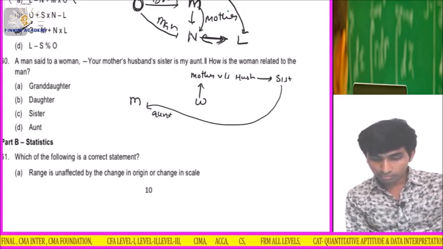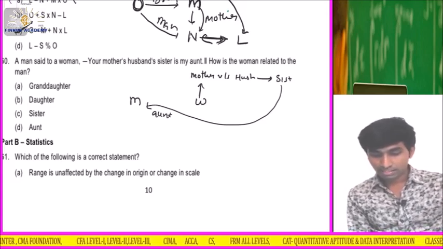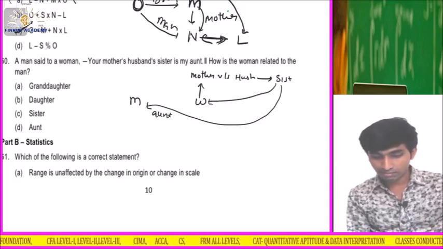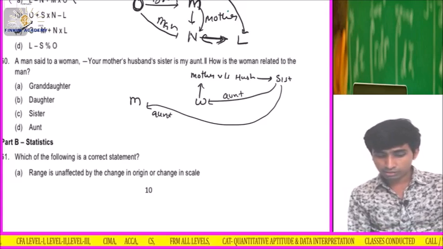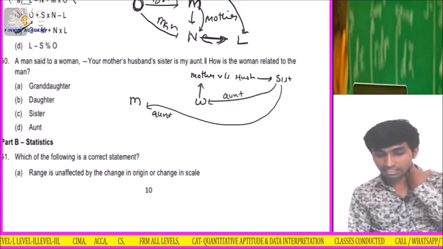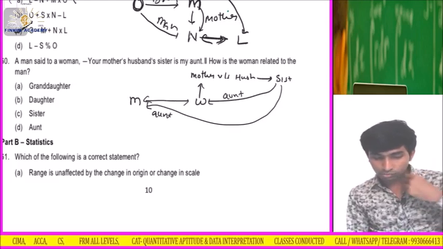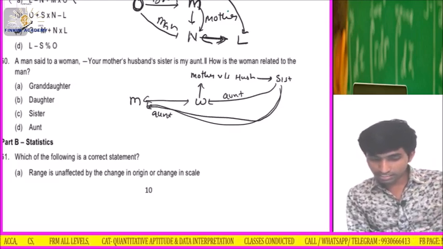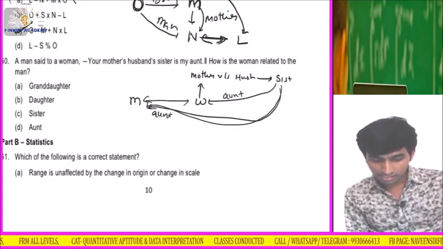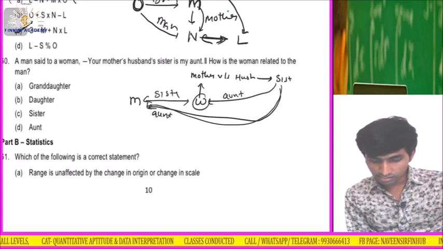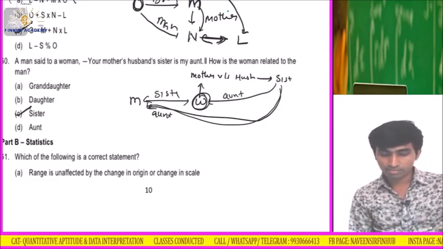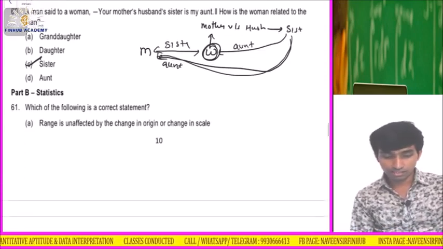How is the woman related to the man? This sister will be aunt to both, so these people are brother and sister. So this is sister, the woman. Therefore, sister. Simple. They are brother and sister.